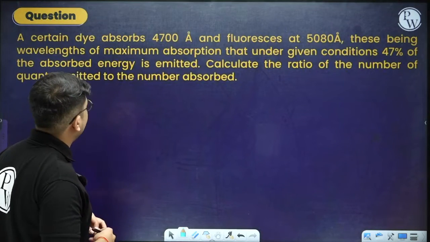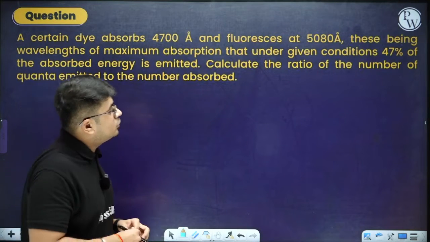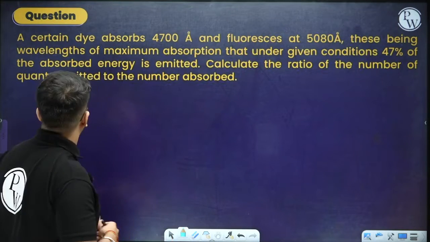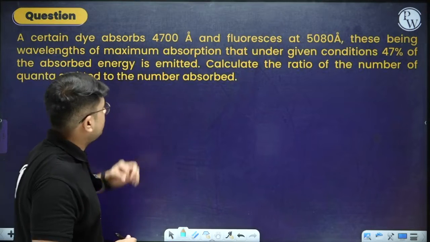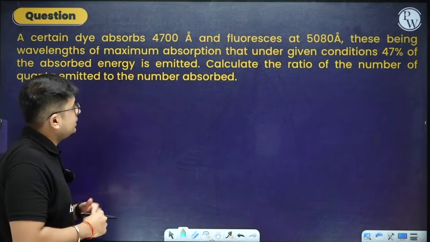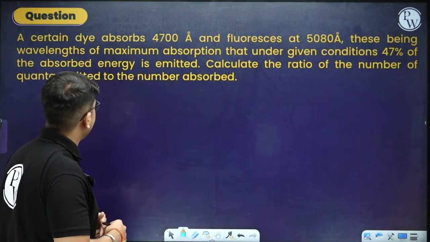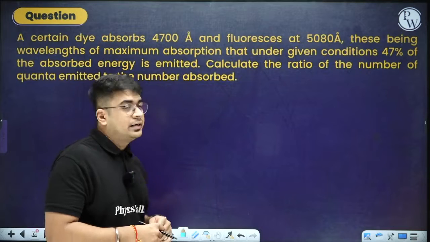A certain dye absorbs at 4700 angstrom and fluoresces at 5080 angstrom, these being wavelengths of maximum absorption. Under given conditions, 47% of the absorbed energy is emitted. Calculate the ratio of the number of quanta emitted to the number of quanta absorbed.